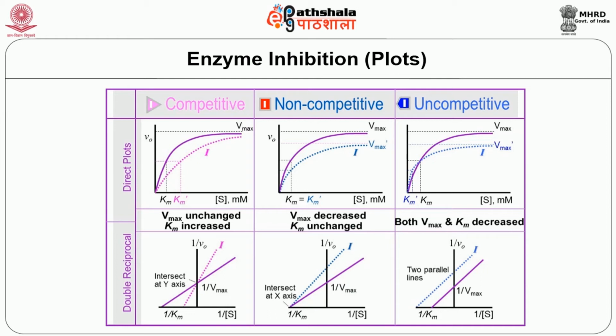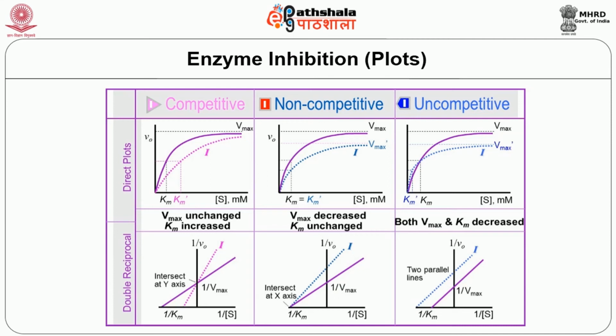We have also given the double reciprocal plot, that is the Lineweaver-Burk plot, to show the effect of the presence of the inhibitor on the rate of enzyme activity. In competitive inhibition, Vmax remains unchanged. However, the Km of the substrate is increased. That means the higher the Km value, the lower is the affinity of the substrate.